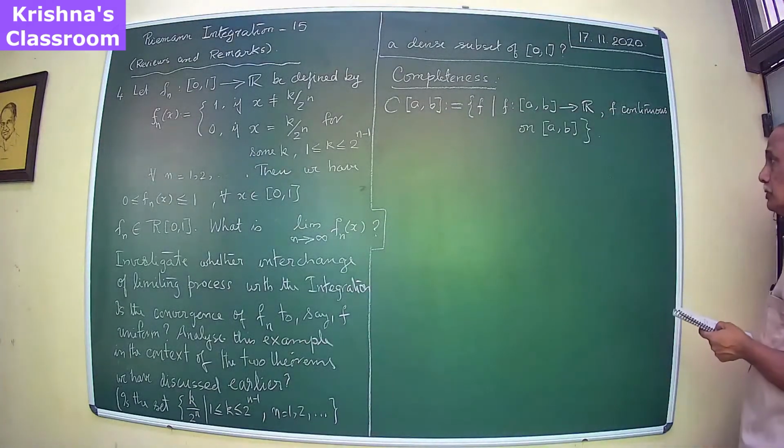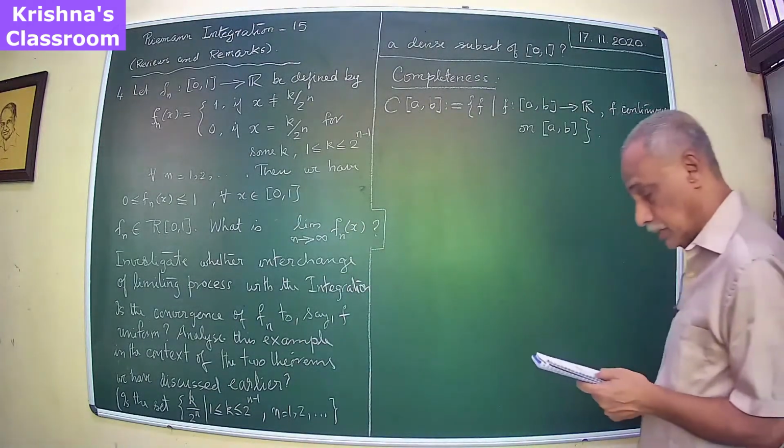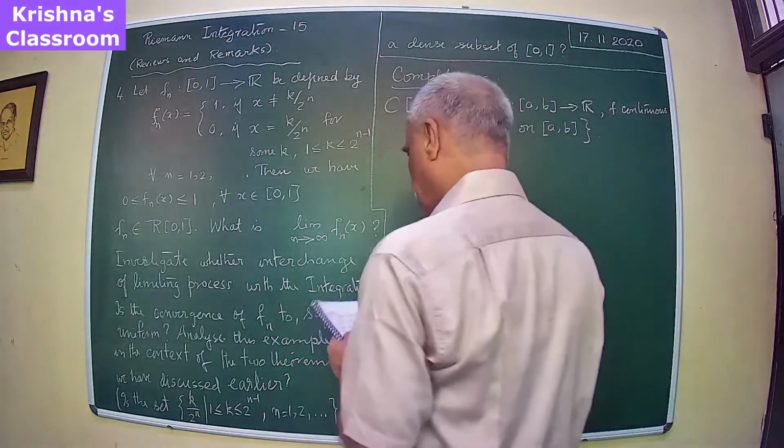That's the definition of C[a,b], the space of all continuous functions.